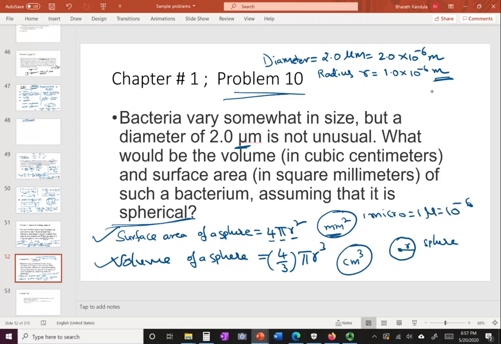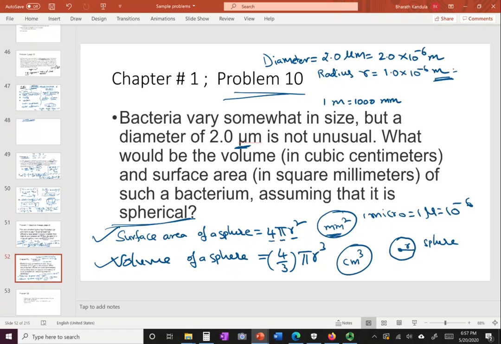You know the radius value in meters, so you can write this in millimeters. 1 meter is equal to 1000 millimeters, so to convert from meters to millimeters, we just multiply with 1000.